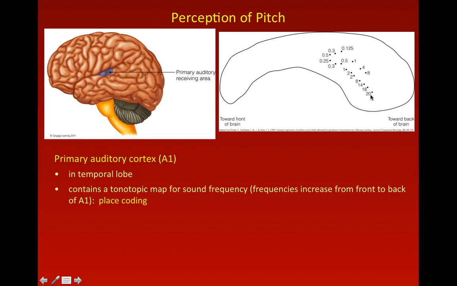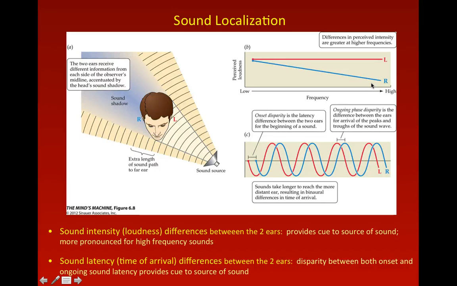And this is in kilohertz, so this is in thousands of hertz. Toward the back of the primary auditory cortex, the highest frequencies that we can perceive, 20,000 hertz, 18,000 hertz, there are neurons that are dedicated to processing that, whereas as you move toward the front, the lower frequencies have neurons dedicated to processing them. So there is actually a tonotopic map in the primary auditory cortex.